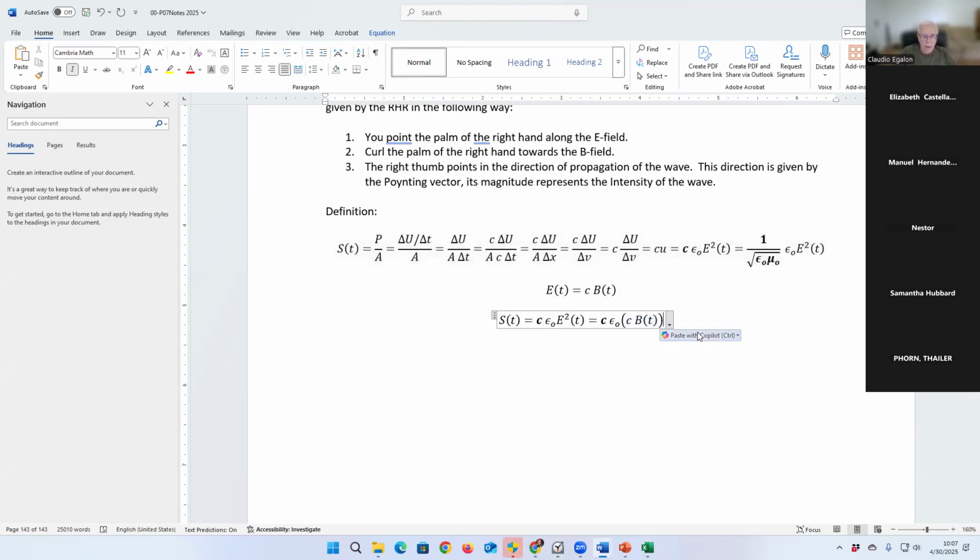We have to square this term. Okay, we end up with the square of the c and the square of the B. Let me remove the time dependency here to shorten the notation.